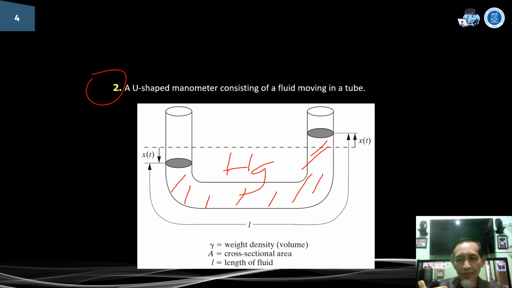And there are parameters, in this case, gamma, weight density, and then A, cross-section area, and then L is length of fluid.